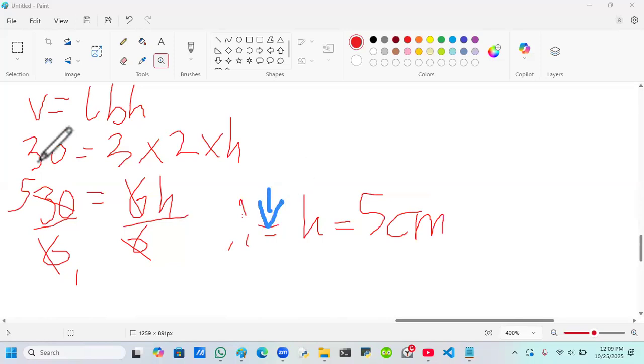Remove it. I just put therefore H equals 5 cm. Don't put anything I didn't put. But it's similar to what you got, right? It's the same answer we got. Yes, same thing. Okay.